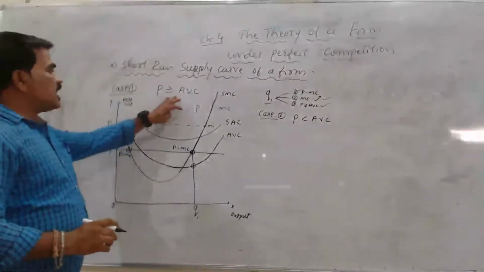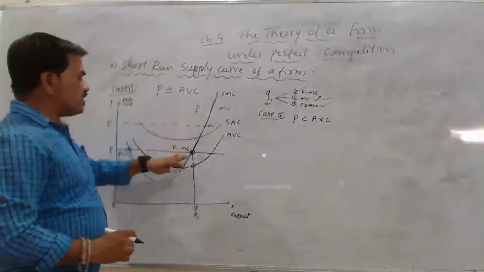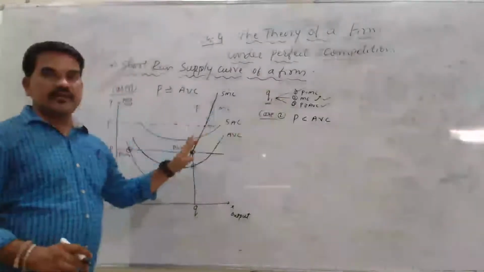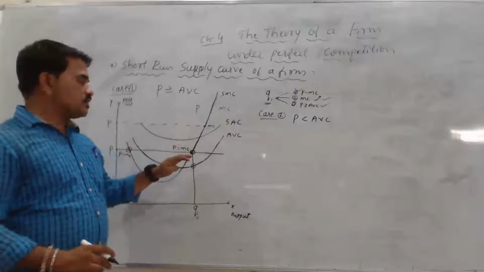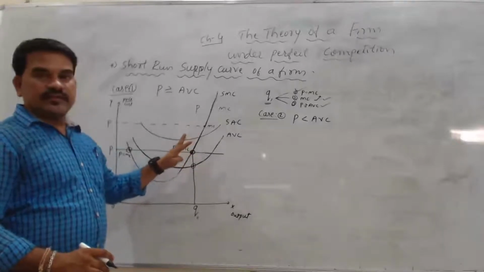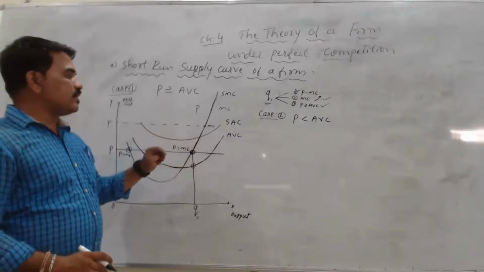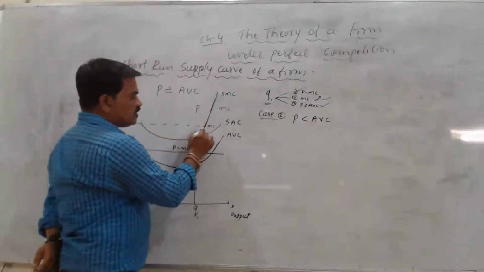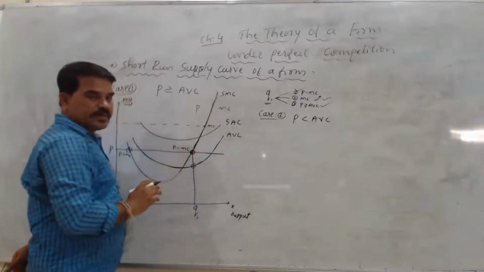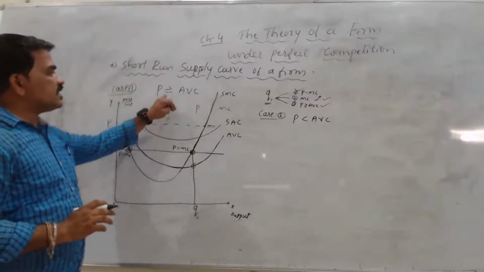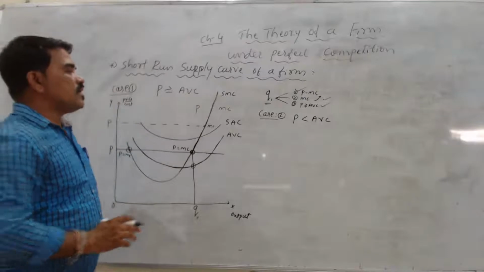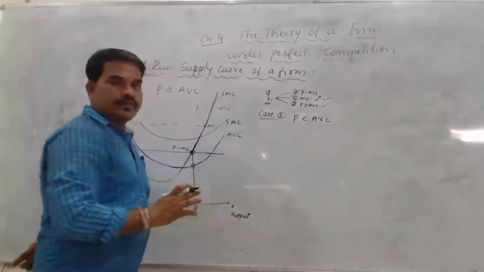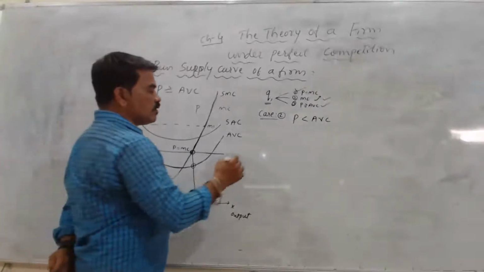When price is greater than average variable cost, he is satisfying all these three conditions, so he can start and produce. Above this line he will produce and he will supply, when price is greater than or equal to average variable cost. Now if price is less than average variable cost, can he produce, can he sell? That we will see now.